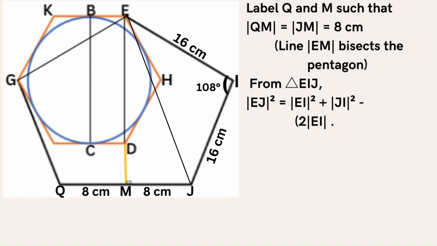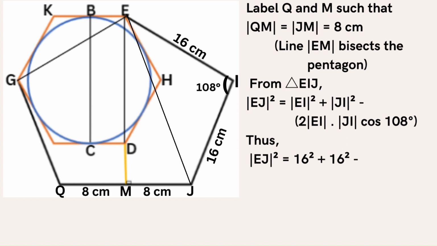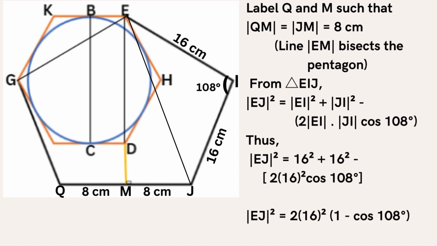From triangle EIJ, we use the cosine rule to find the square of line EJ, as shown in equation 1. The square of line EJ equals the product of 2, the square of 16, and 1 minus cosine 108 degrees, which is equation 1.